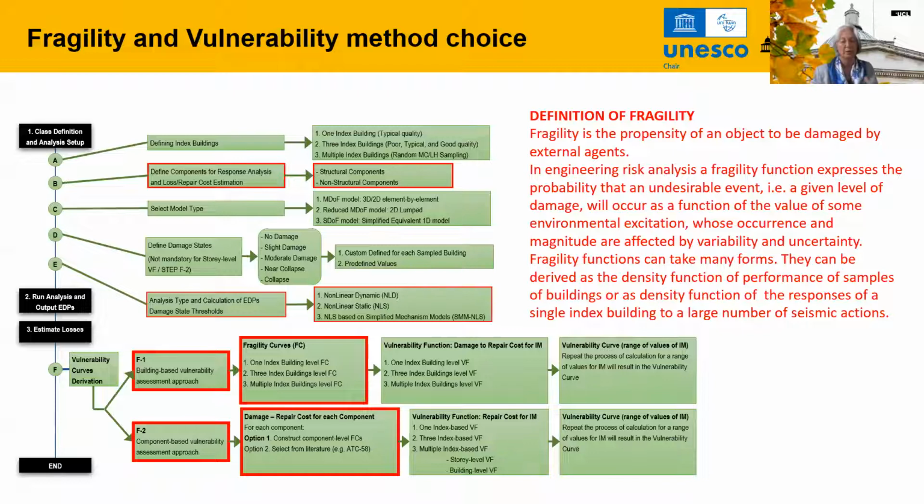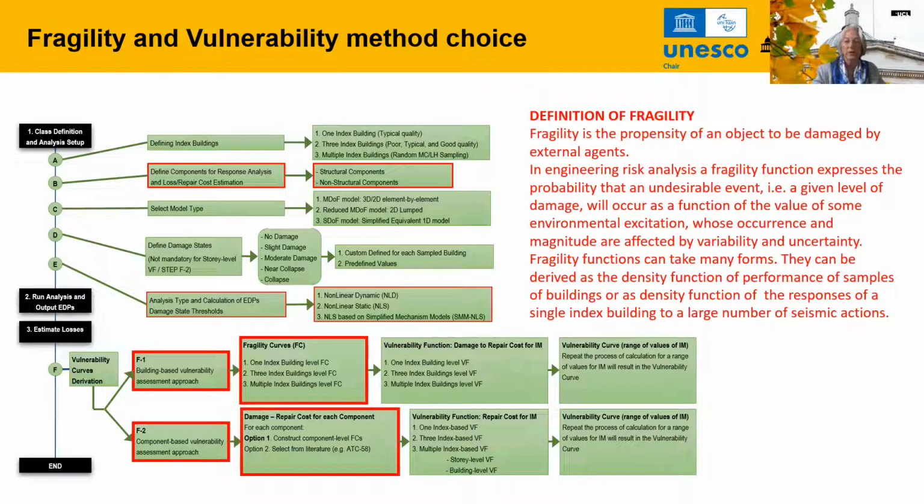Finally, we will look at the fragility and vulnerability. There are different options in order to bring together the fragility and vulnerability functions. And this depends, again, on how we want to treat the uncertainty and how we want to determine the different modes of failure and the different stages of failure. So fragility is the propensity of an object to be damaged by an external agent.